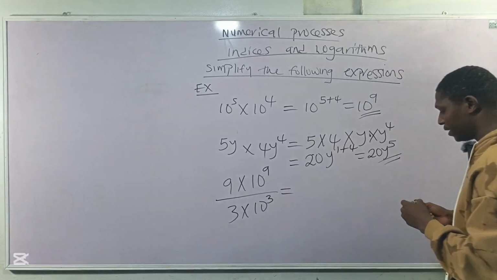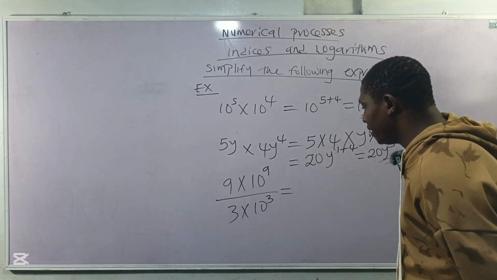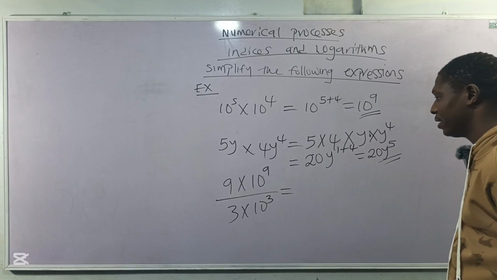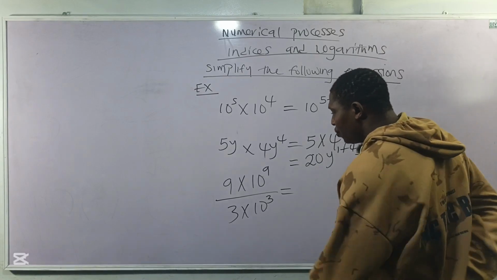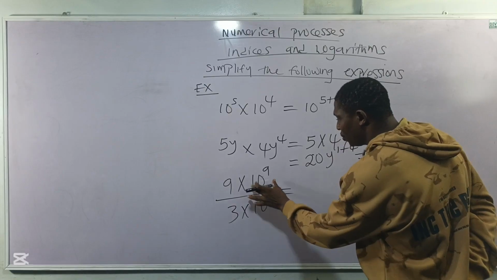And for this, I have 9 times 10 raised to power 9 divided by 3 times 10 raised to power 3. I can simply use this to divide this, and I'll use this to divide this.